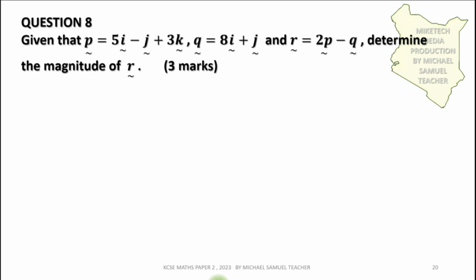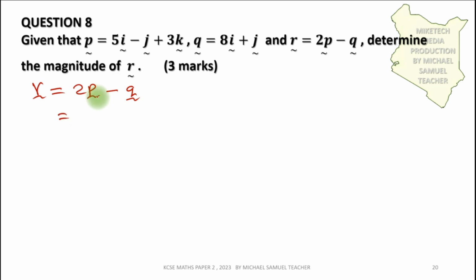So from here we need to find the magnitude of r. We have been given all these values, and r vector is equal to 2p vector minus q vector, and we are actually after the magnitude of r, or in other words the length of r.